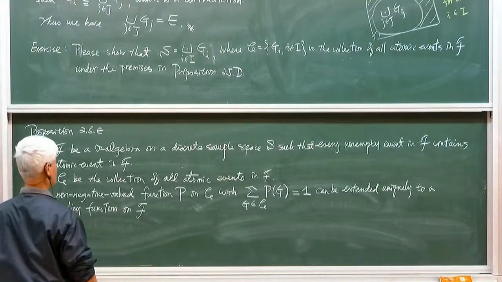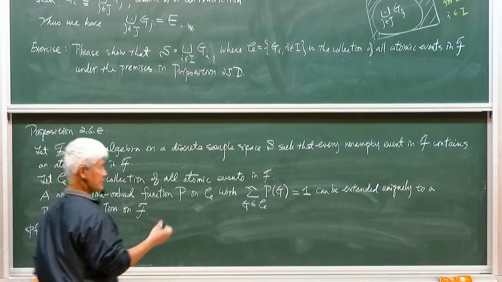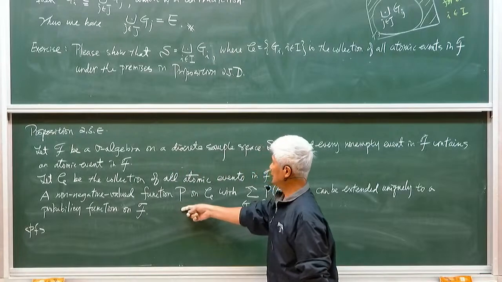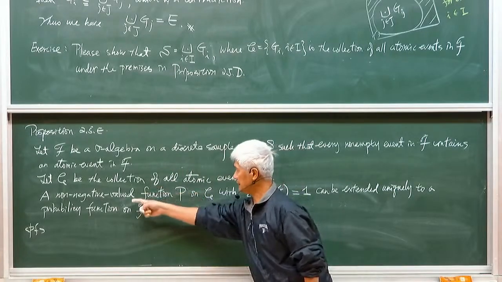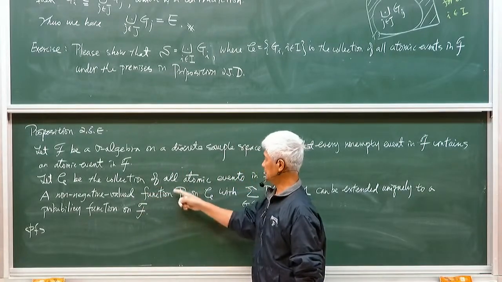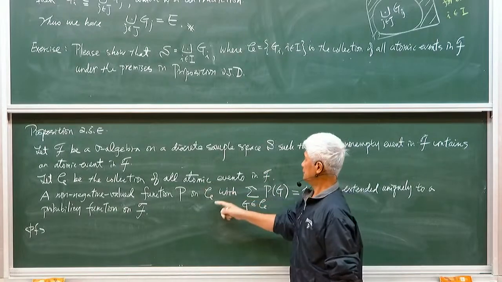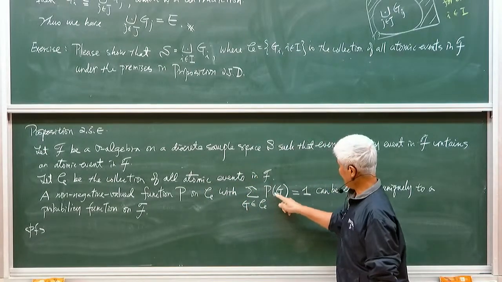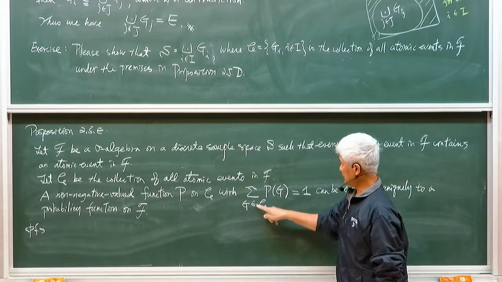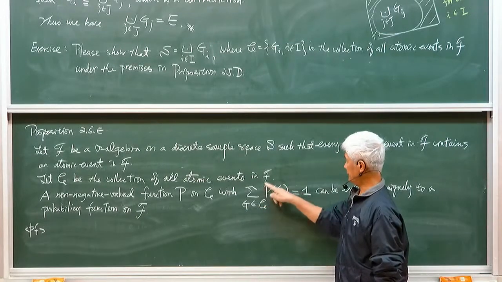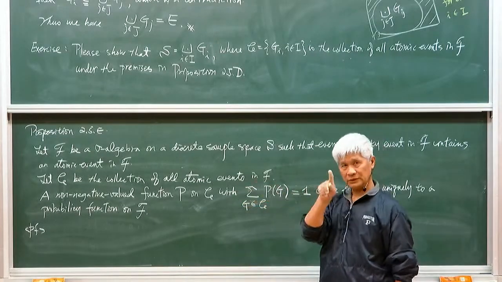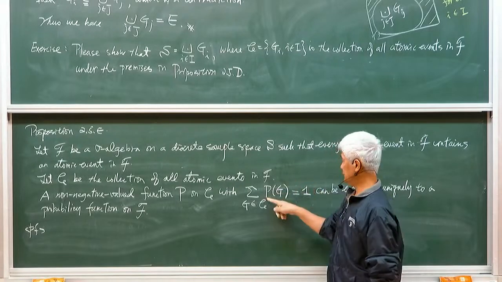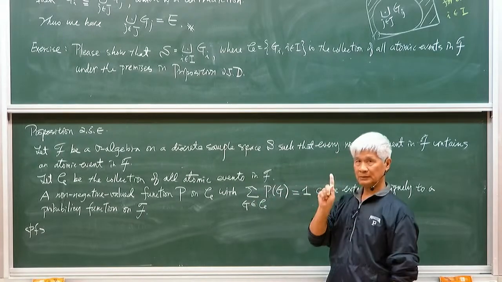Right, so the starting point here is that we have a non-negative valued function P on the collection of all atomic events. So for every atomic event in this collection, the value will be non-negative, greater than or equal to 0, and the summation equals 1.